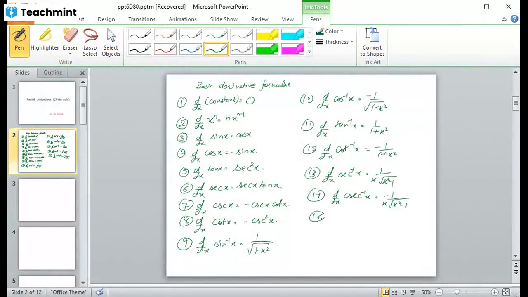Apart from this, we have some other functions: the derivative of log x is 1 upon x. Derivative of e raised to the power x is e raised to the power x.